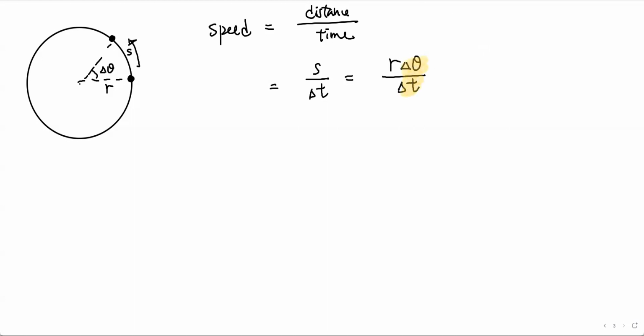Now this one is actually how we define angular speed. So that's why we can rewrite the formula. The speed equals the radius times the angular speed.